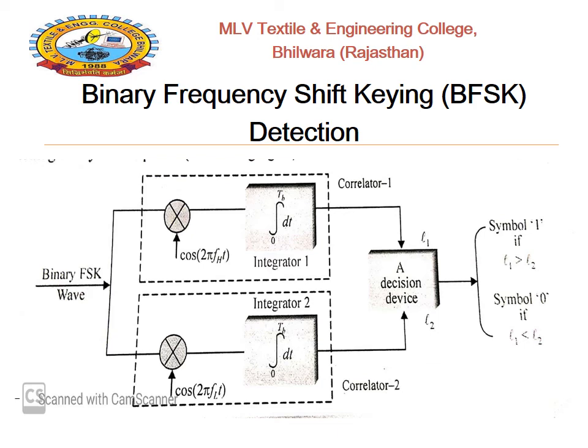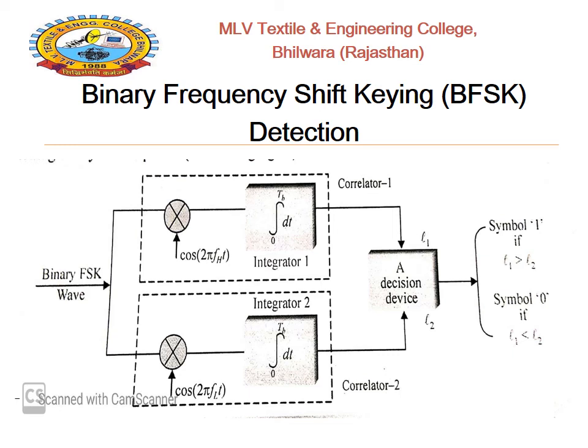The received binary FSK signal is applied to the product modulator of both correlators. The other input to the product modulator is the carrier of frequency FH or FL. The output of the modulator is applied to the subsequent integrator, which integrates the signal over a bit interval.